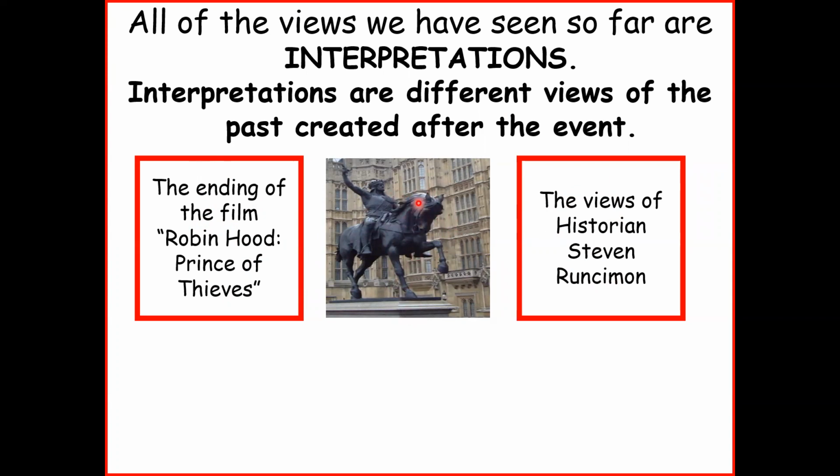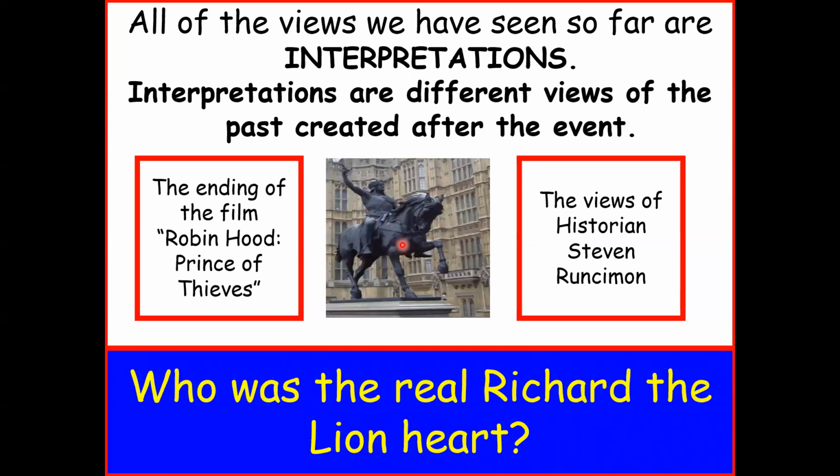They have been created since Richard. They're all different points of view that look at Richard slightly differently, looking back into the past. So what we now need to work out is who was the real Richard the Lionheart. Who was he really?